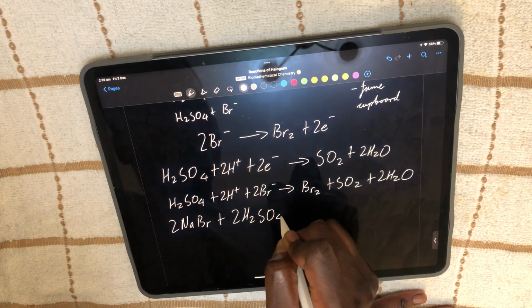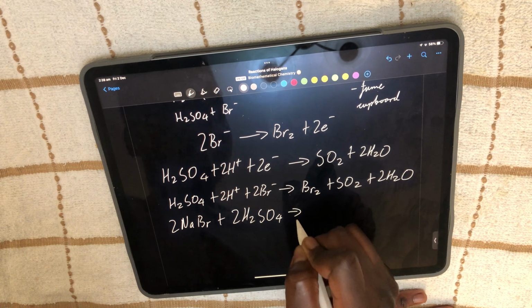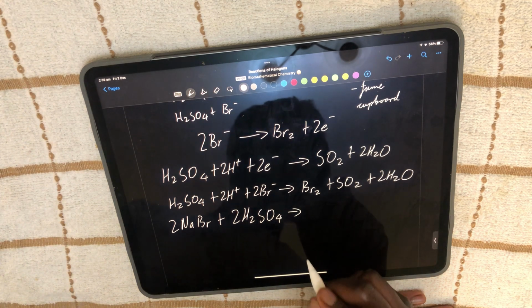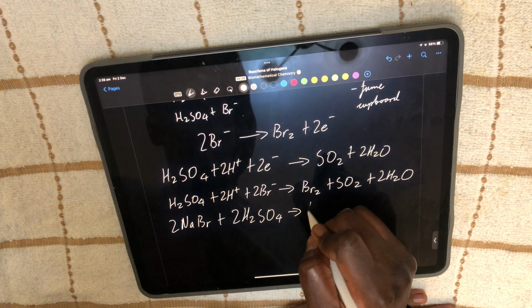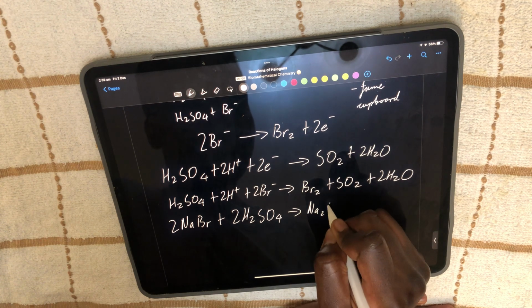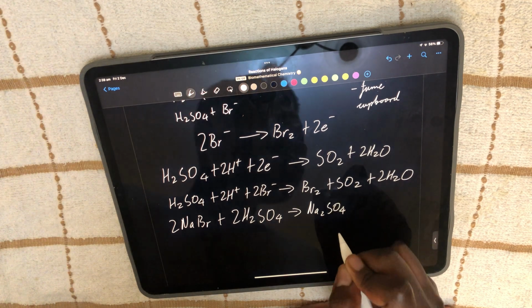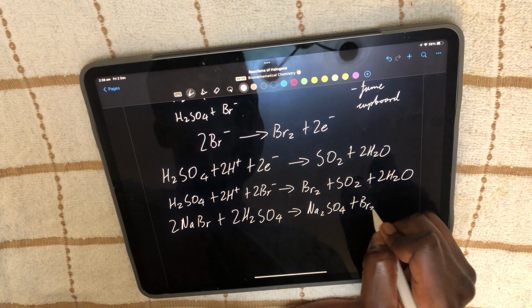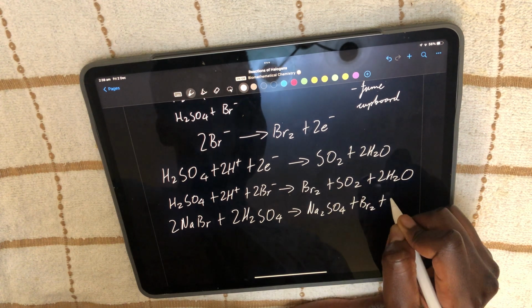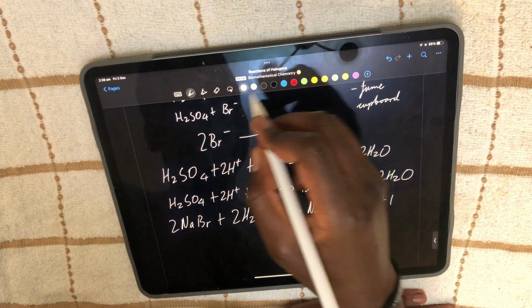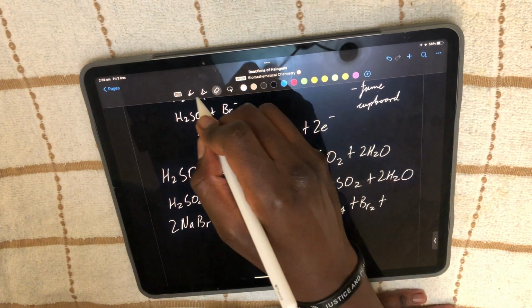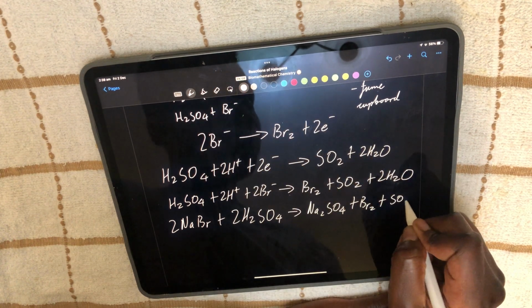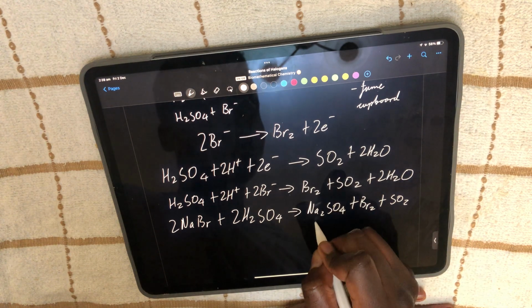This is the non-ionic equation. And that will form Na2SO4 plus Br2 plus SO2 plus 2H2O.